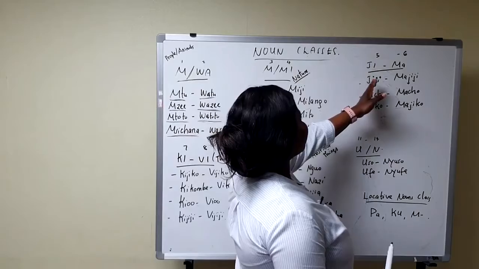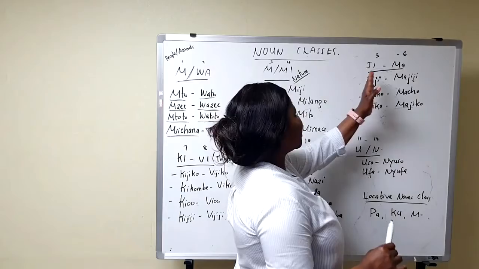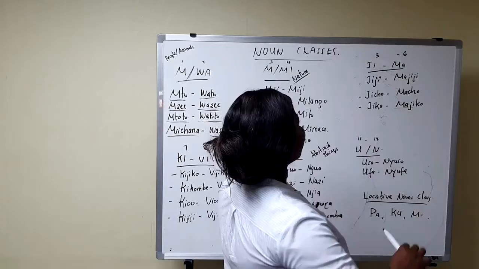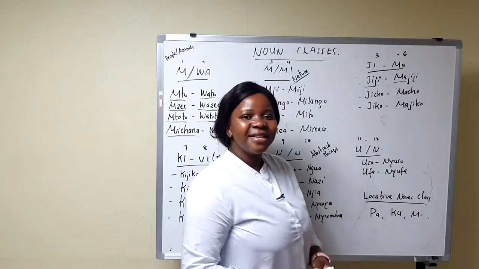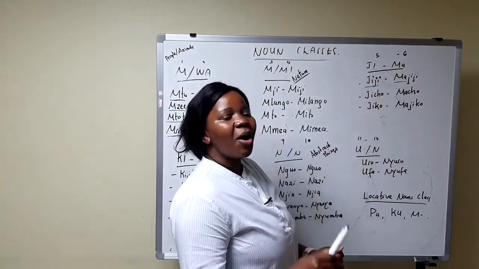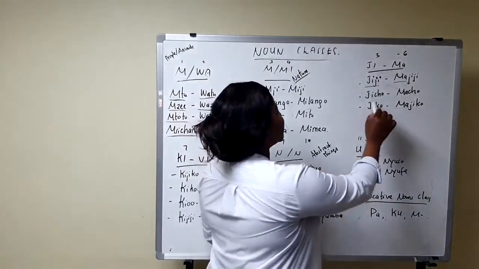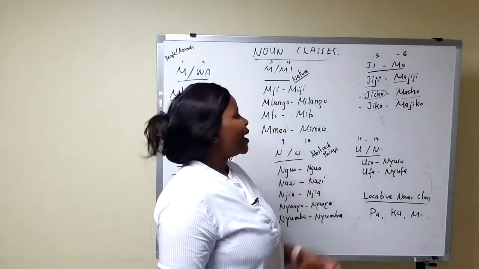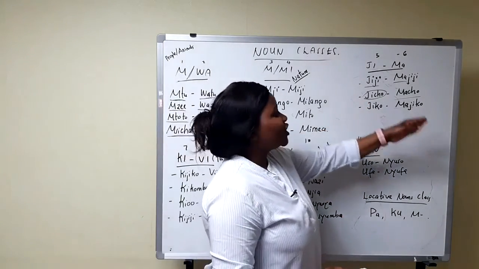So the fifth and sixth class is jima, jima, G for the singular and ma for the plural. So for example, Gigi, majiji, Gigi, majiji, jicho, macho, jicho, macho. So jicho, this is an eye, macho, eyes. Jiko, jiko, majiko.